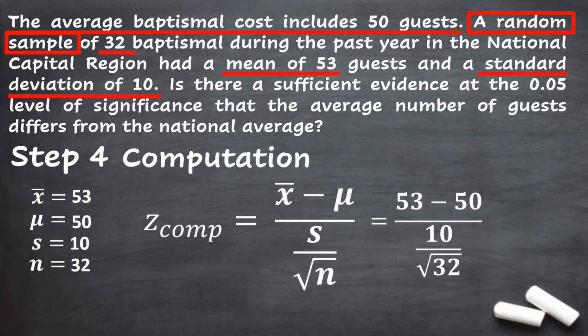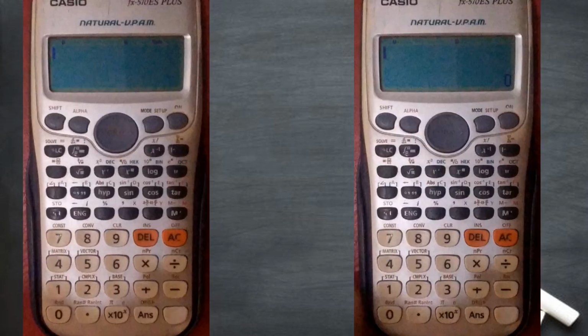Substituting the values, we will have 53 minus 50 all over 10 over the square root of 32. So all we have to do is solve this one using the calculator, and then we can already have the value for the z computed. The computation for a 4-liner calculator is on the left side, while on the right side, this is for a 2-liner calculator.